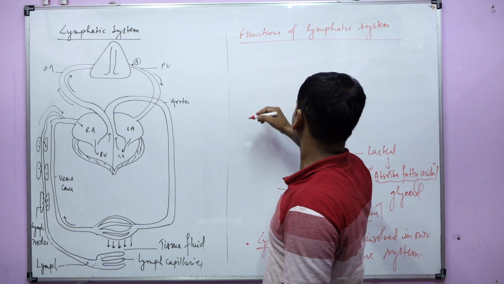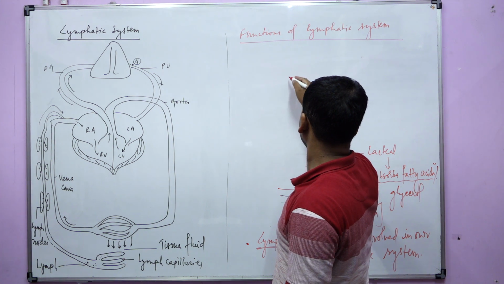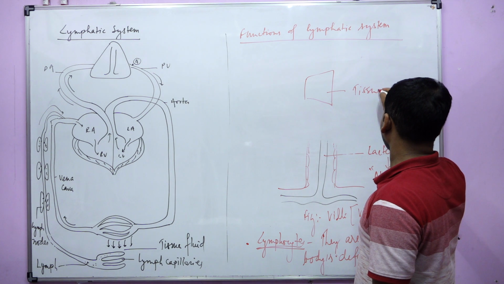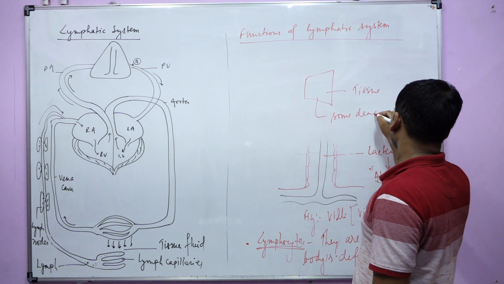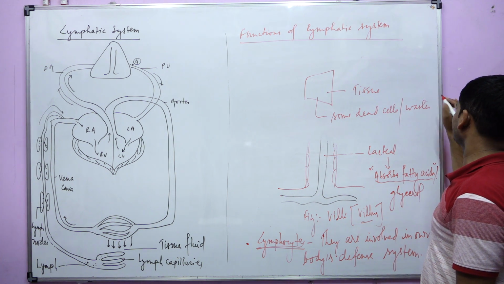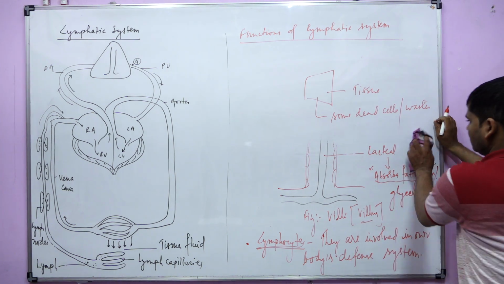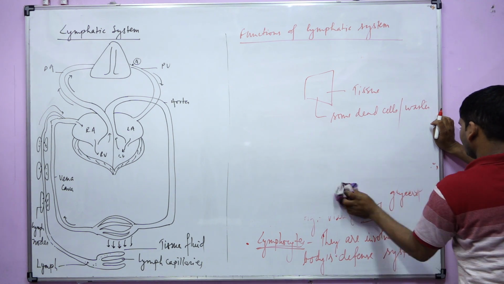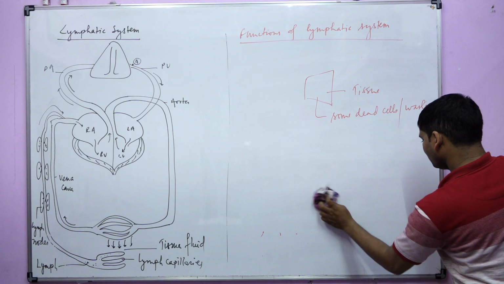Just think that blood is flowing, and this space is tissue, and let us say some dead cells or wastes are there. So how will they be removed? If the blood capillaries are unable to take these up, then how are they removed?